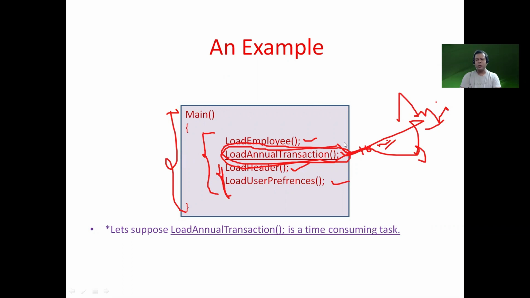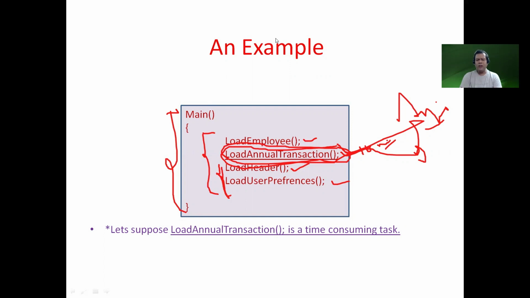So to avoid freezing of the UI, we can call load annual transaction in asynchronous mode, so that we need not wait for its result to show the result of the method in the UI. This is the example I have shown for the asynchronous mode.